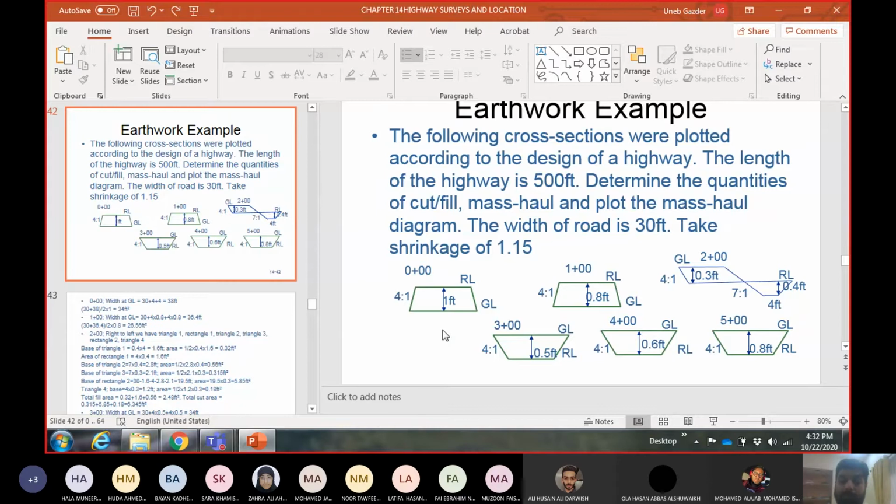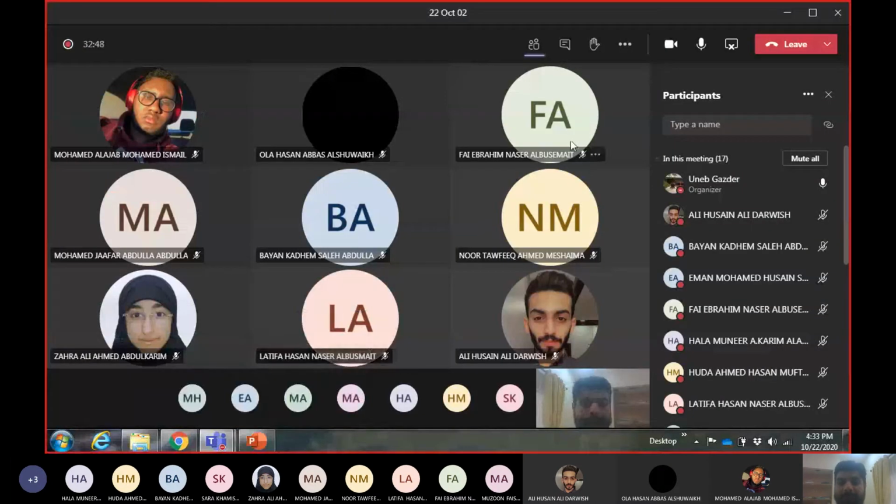So whatever calculations I'm doing, I have a different cross section at station 2 plus 00 just to make sure that you get this point, that later on, in the exam or the assignment, you may get a different cross section which is not shown. Otherwise you will start cursing me, but that's fine. I'm used to it.